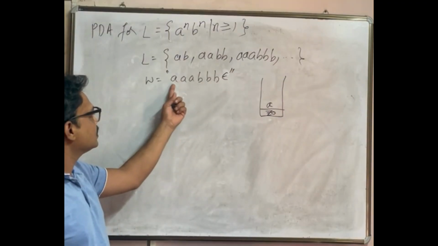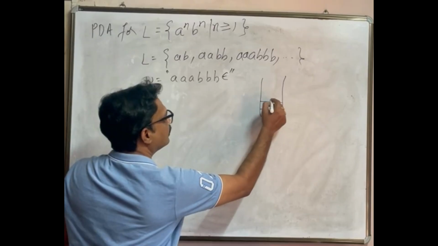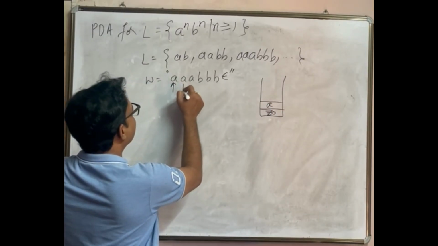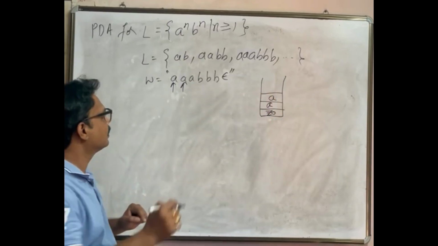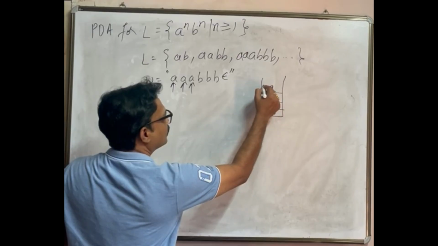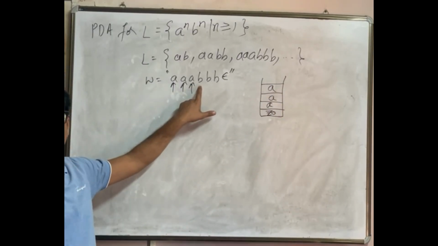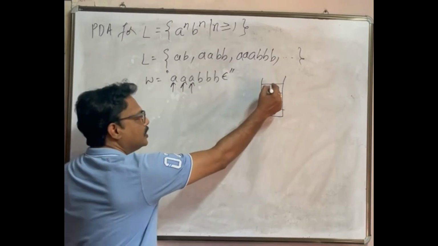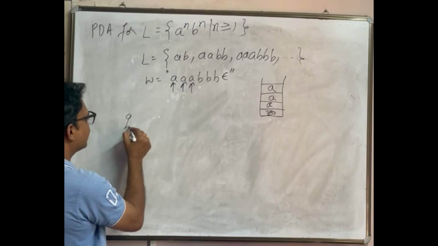When it encounters the second A, it once again pushes onto the stack. When it encounters the third A, it again pushes it onto the stack. This time it comes across another symbol, B. All these operations it performs in state Q0, that is the starting state.